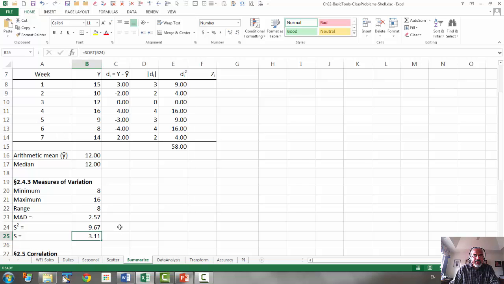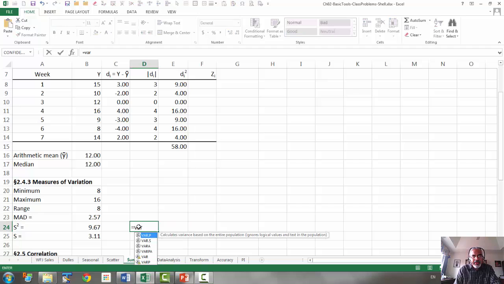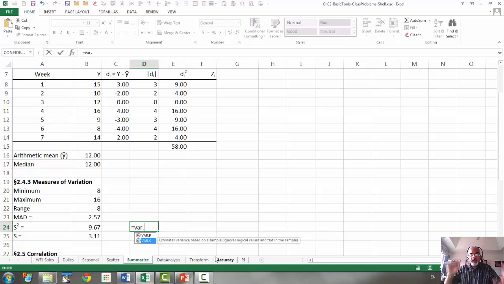But it so happens that in Excel we have functions for that. So we have what is called VAR.P for population variance, which takes the deviations, sums them, and divides by n. Or you can use VAR.S, where the denominator is n minus 1. So this is the sample variance.